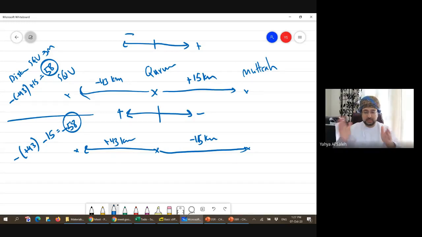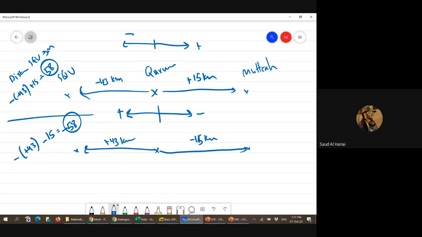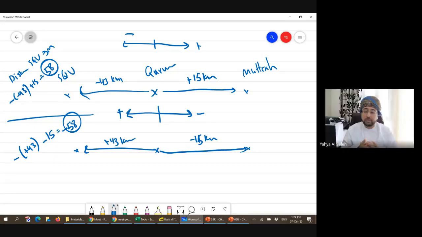So the actual distance between them is what? The minus is only for the direction, it has no value. Exactly, only for the direction and not the value. So what is the magnitude here? Magnitude of 58 is 58. Magnitude of minus 58 is still 58.